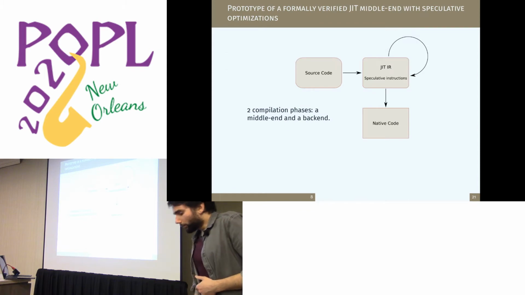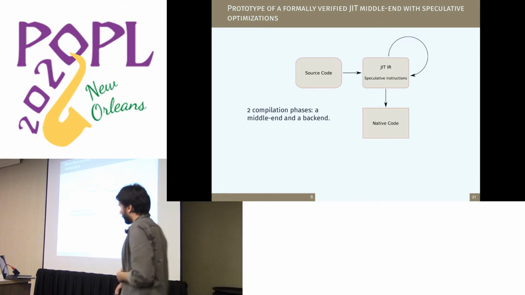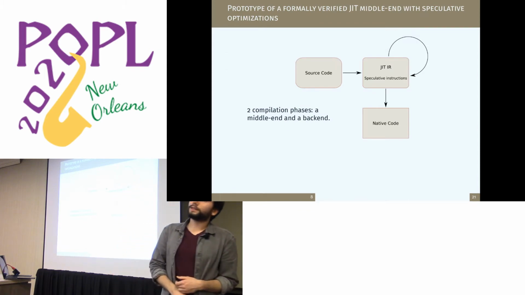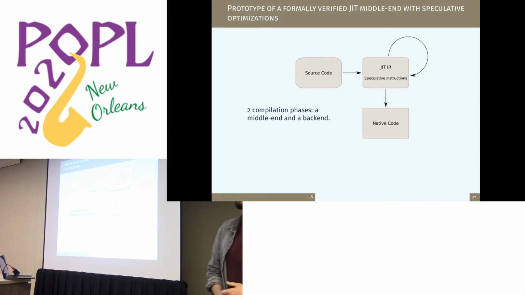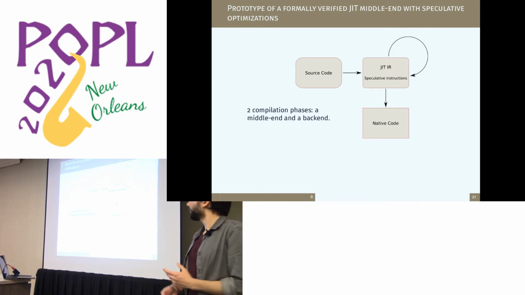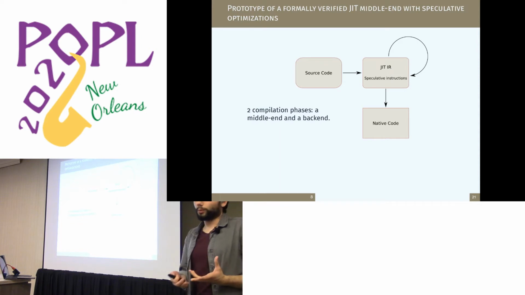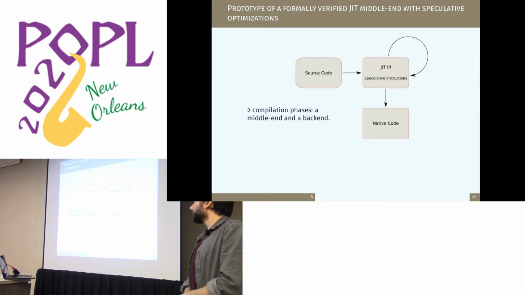And maybe to make clear what the scope of our work is, you can look at a day in the life of a function in a modern JIT compiler. So a function will usually start as some source code that can be interpreted, for instance. And when we decide that it's time to compile it, the function will first be translated into a JIT intermediate representation. And this representation should have instructions to handle speculation and the optimization.